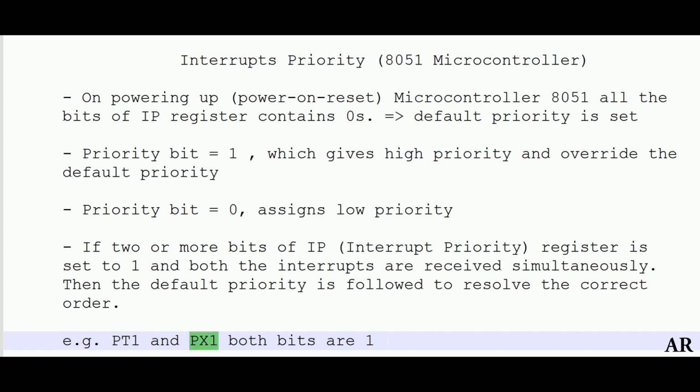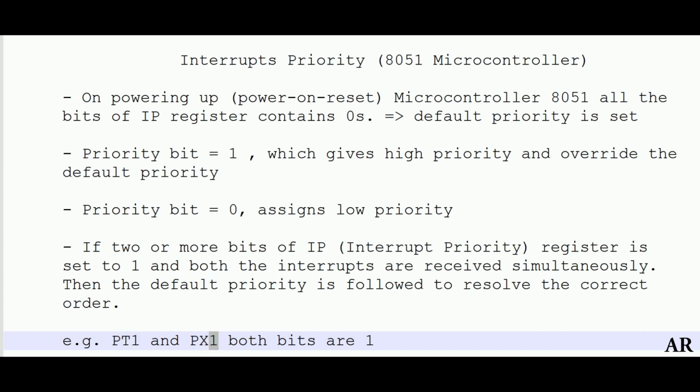Now we know that if both the bits are set to 1, the default priority has to be checked to resolve the correct order. So if both the priority bits for PT1 and PX1 are set to 1 and both of them are encountered simultaneously by the microcontroller, what is the default order? The default order is that PX1 has a higher priority as compared to PT1. So in such a scenario, your PX1 will get the upper hand.